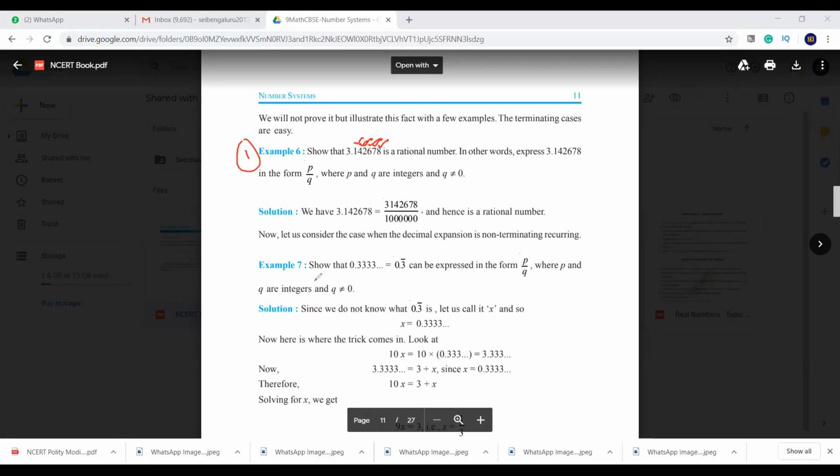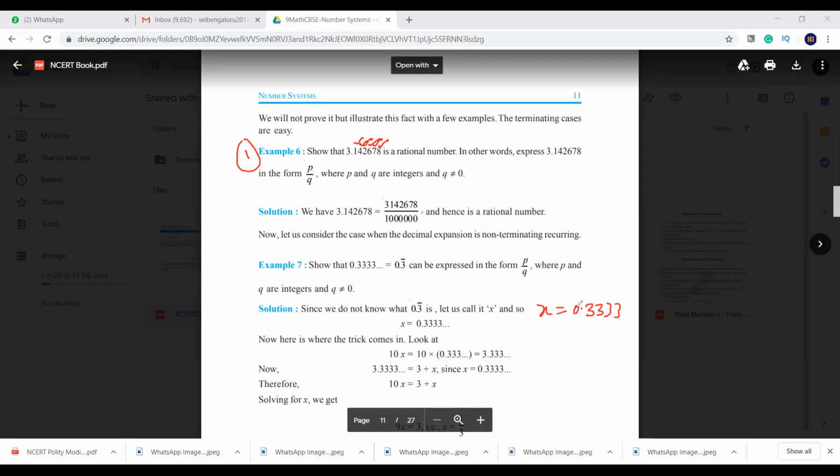Second thing, show that 0.3333 continuation, which means 0.3 bar, can be expressed in the form of p by q, where p and q are integers and q is not equal to 0. So for 0.3 bar, say x is equal to 0.3333 continuation.